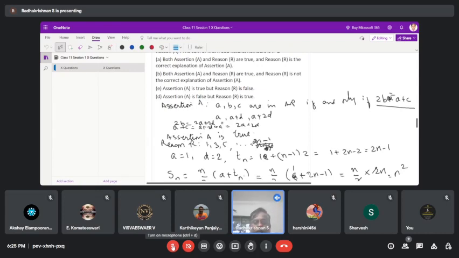So we already saw that assertion A is true and reason R is also true, right? In that case, which of the options should we choose? B, sir.